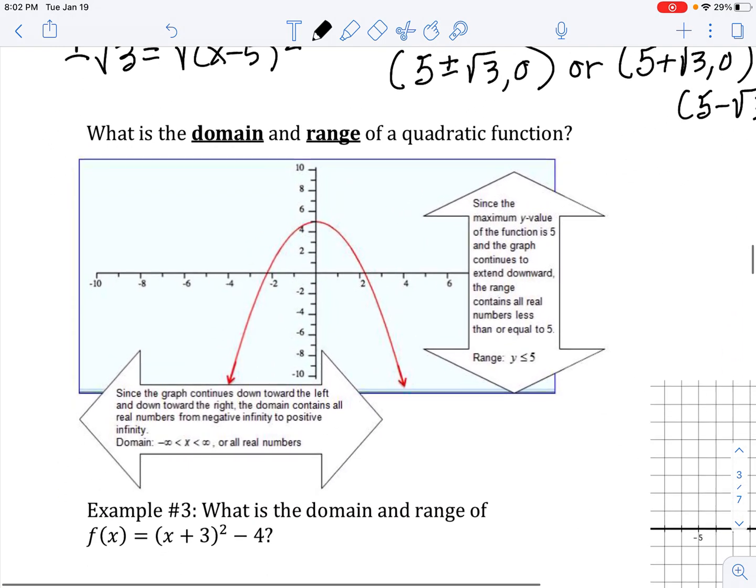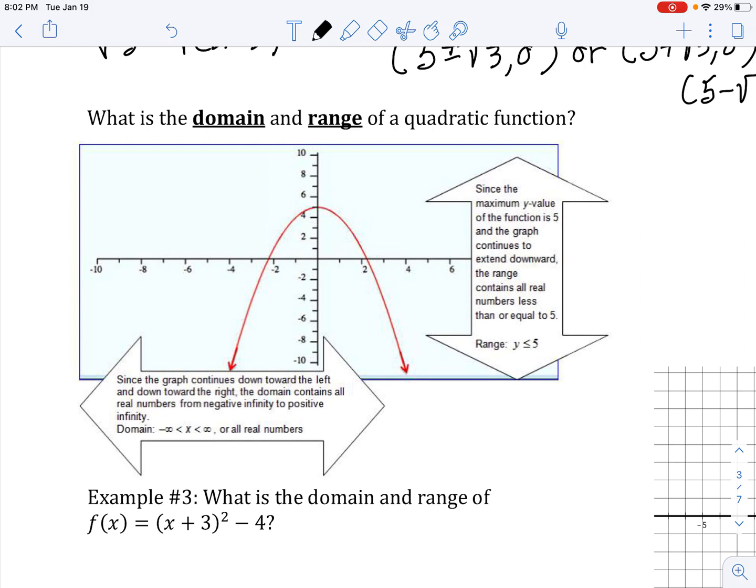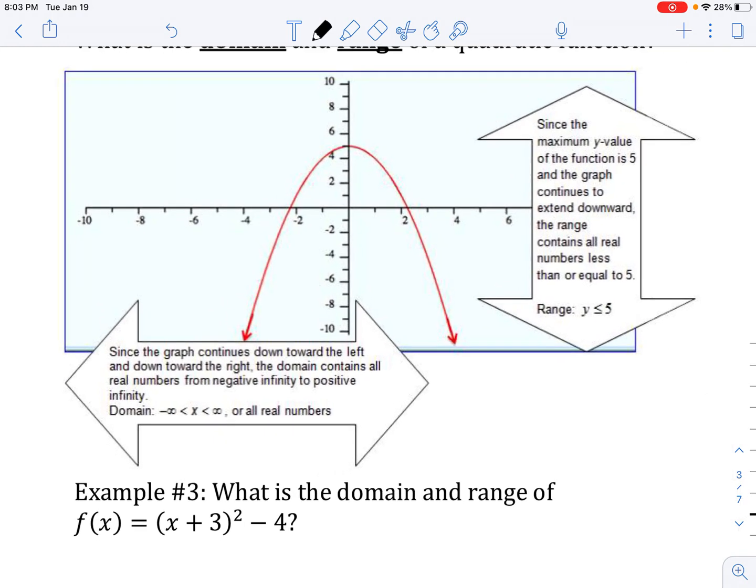We're now going to talk about two more key features of a quadratic function, and that is the domain and range of the function. What is the definition of domain? The definition of domain is all the possible values that can be used as an input into the function. So all of the x values that you could plug into the quadratic, and we write it using interval notation.